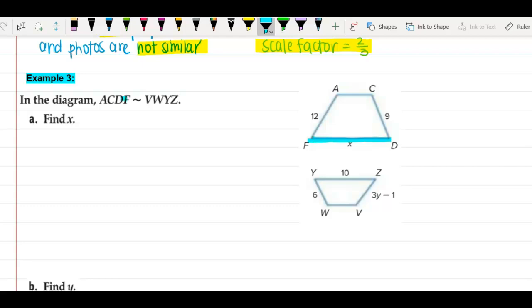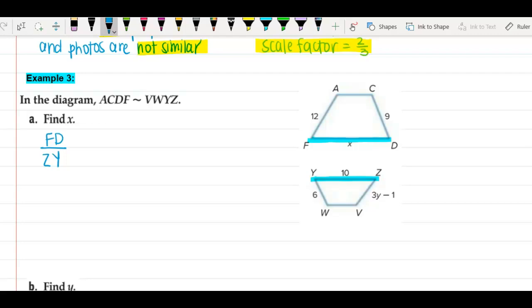F and D are the last two letters of my similarity statement, so these should go with YZ. So half of my proportion should be FD over ZY. But we need two sides of a proportion in order to solve it.